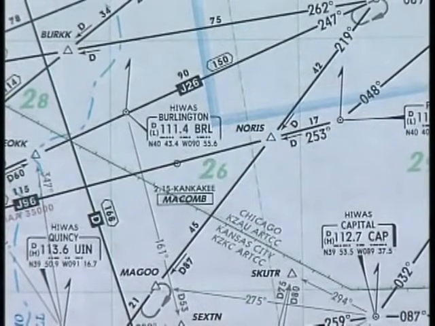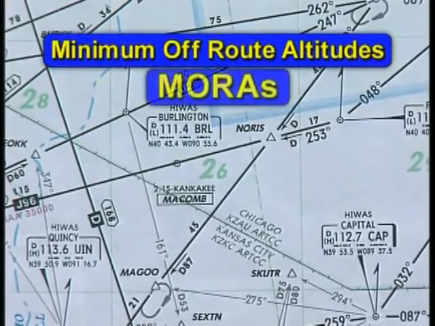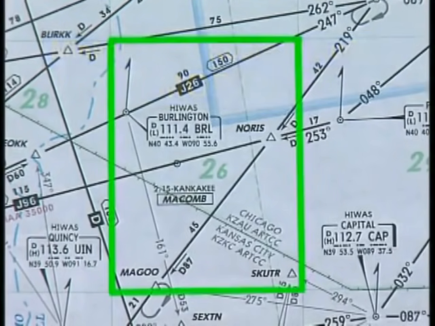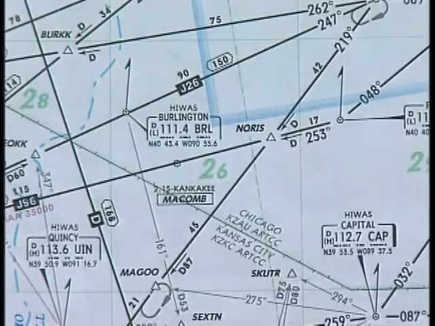On high and low altitude en route and area charts, Jeppesen also provides minimum off-route altitudes, or MORAs, located within grids formed by lines of latitude and longitude. In this example, the number 26 represents a grid MORA of 2,600 feet and is an altitude which will provide obstacle clearance during an emergency descent.